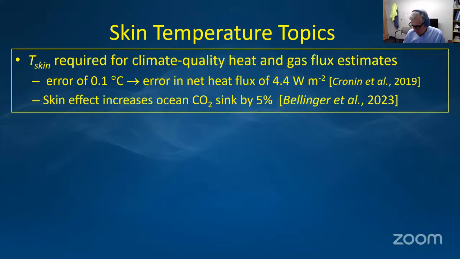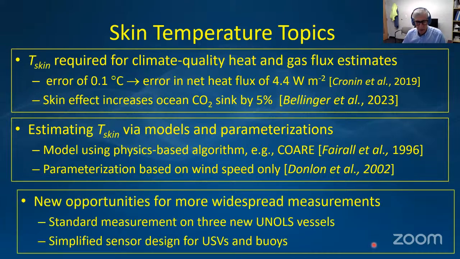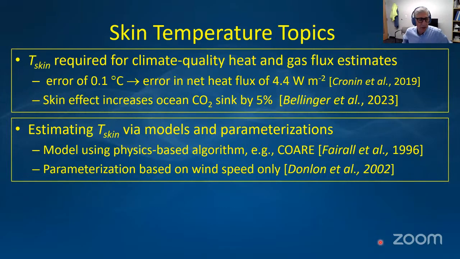The second topic is the different ways in which we can estimate the skin temperature. Really, there are 2 possibilities: using physics-based models like the COARE algorithm, or parametrizations based on wind speed only. The differences between these are of interest in terms of using these for global climate models, and Sandra Castro's talk will touch a little bit on this.